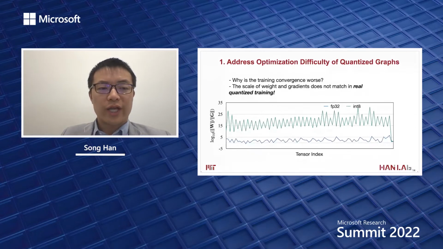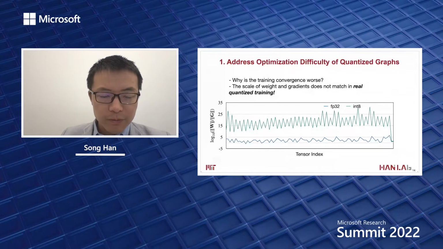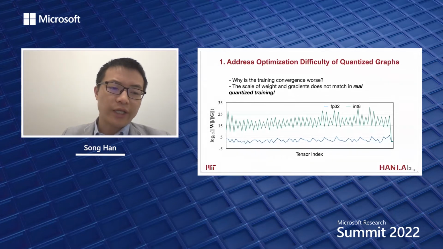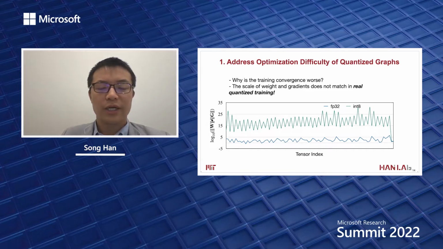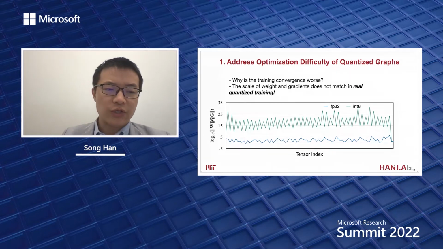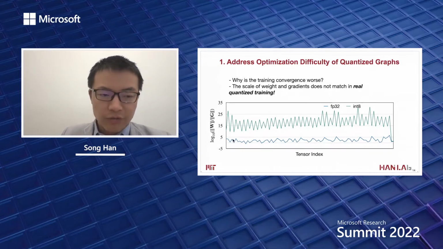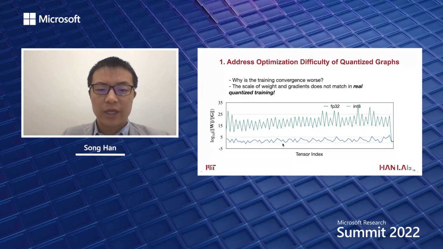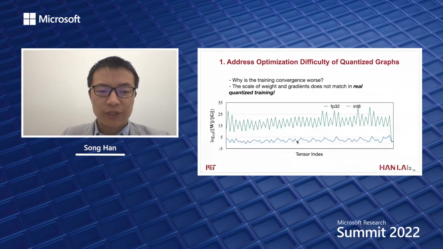So we try to understand why the training convergence is getting worse. Here we plotted the log of W over gradient, the weight over gradient, to see what happens for this ratio. For different tensors, the FP32 ratio is pretty low and flat.